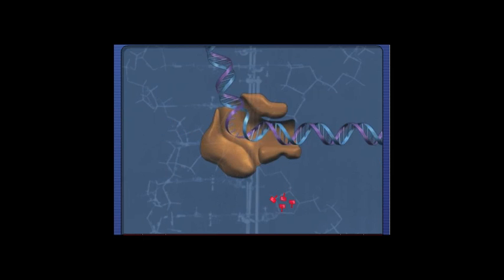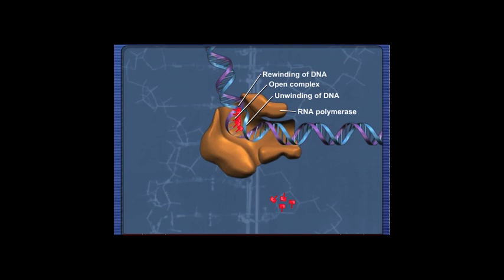As RNA polymerase moves down the DNA strand, the DNA molecule entering RNA polymerase unwinds, forming the open complex, while the DNA exiting RNA polymerase rewinds to form double helix. Ribonucleotide triphosphates are added to the chain, and the growing RNA transcript continues to elongate as new DNA sequence enters the open complex region.